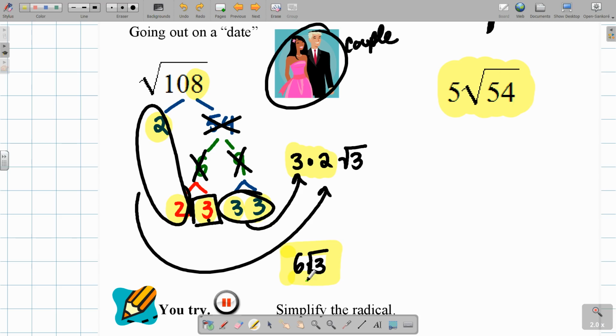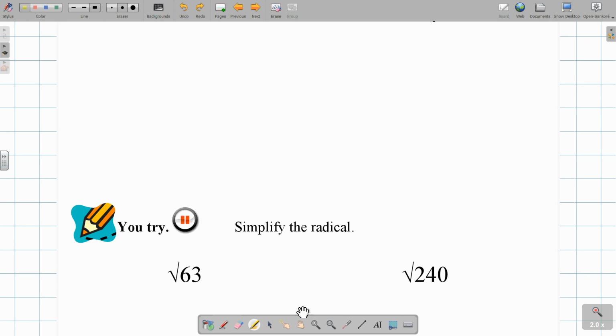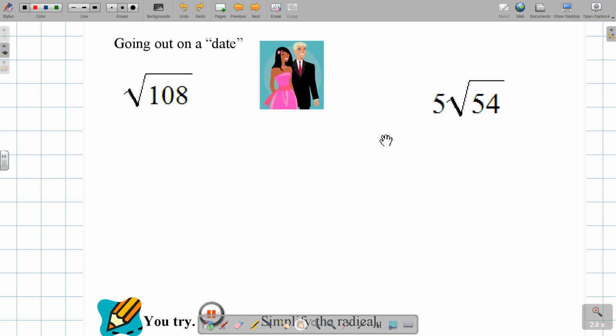There are several different methods to doing this. If you learned another way to do this, I'll give you an example. Use whatever method works for you. A few people learned what's called upside down division. It looks like this, 108. And you simply go backwards divide. I'm going to divide by 2, and I get 54. And I divide by 2 again, and you get 27.